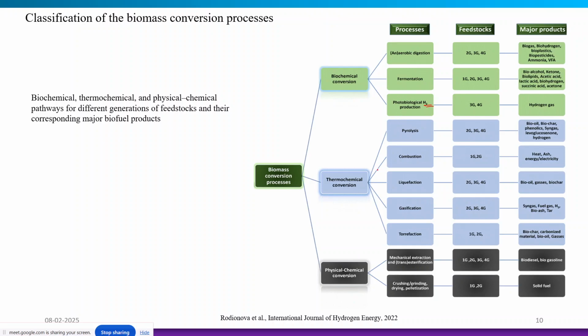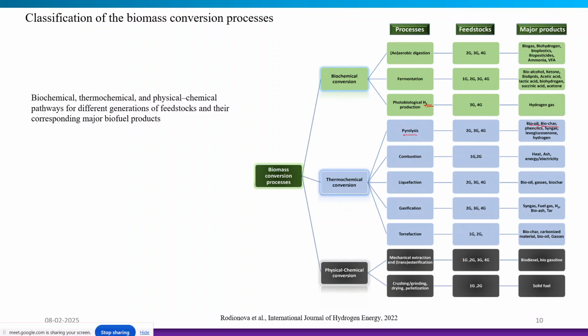So the next process is the thermochemical process. I already discussed these processes: pyrolysis, combustion, hydrothermal liquefaction, gasification, and torrefaction. When we consider pyrolysis, we mostly get biochar and bio oil.